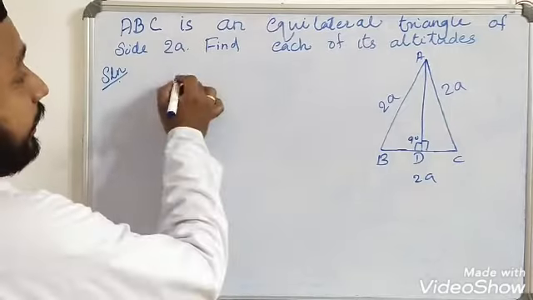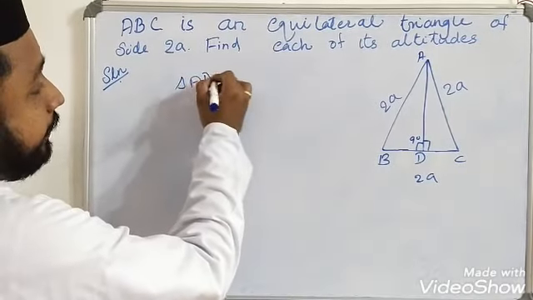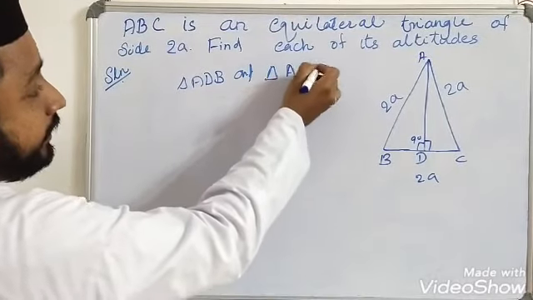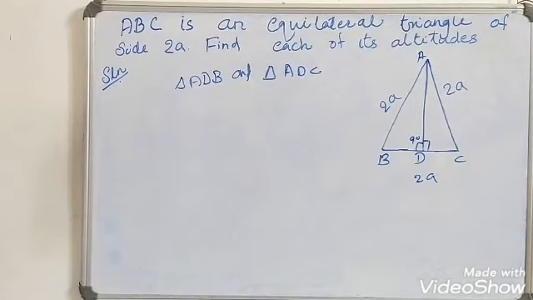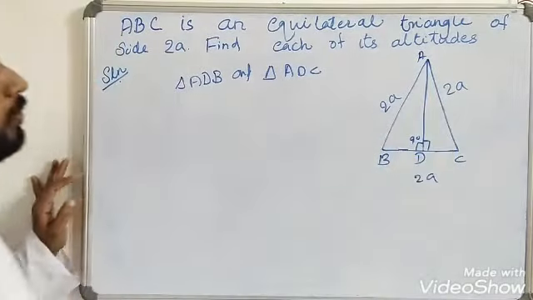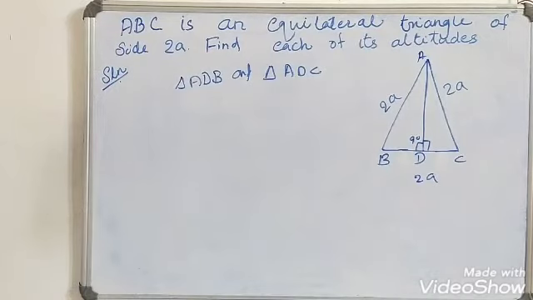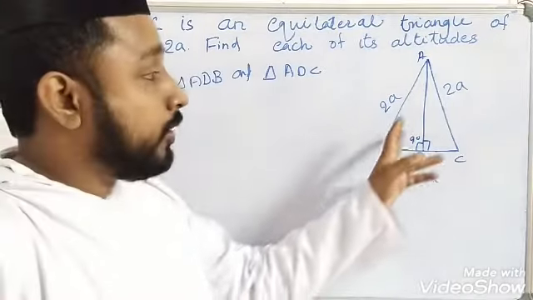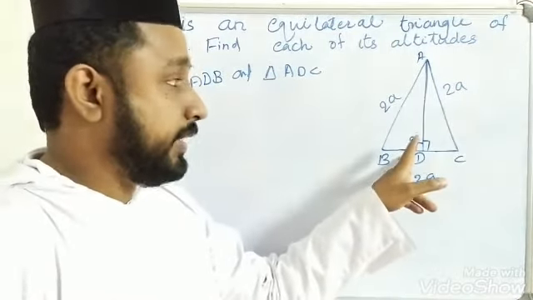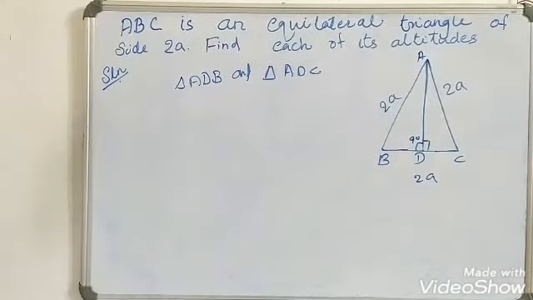Let us consider triangle ADB and triangle ADC. In order to use Pythagoras theorem to get the height, we need to know this side, so let us find it. We take triangles ADB and ADC.